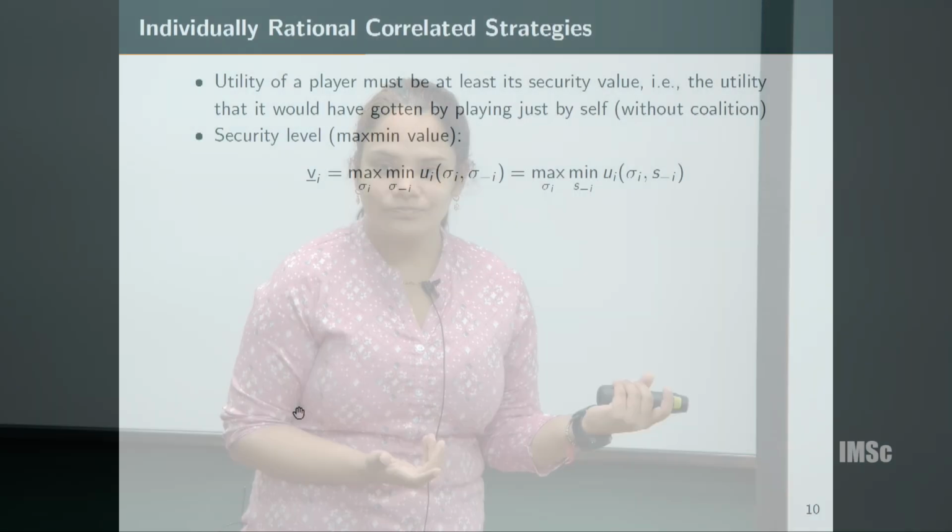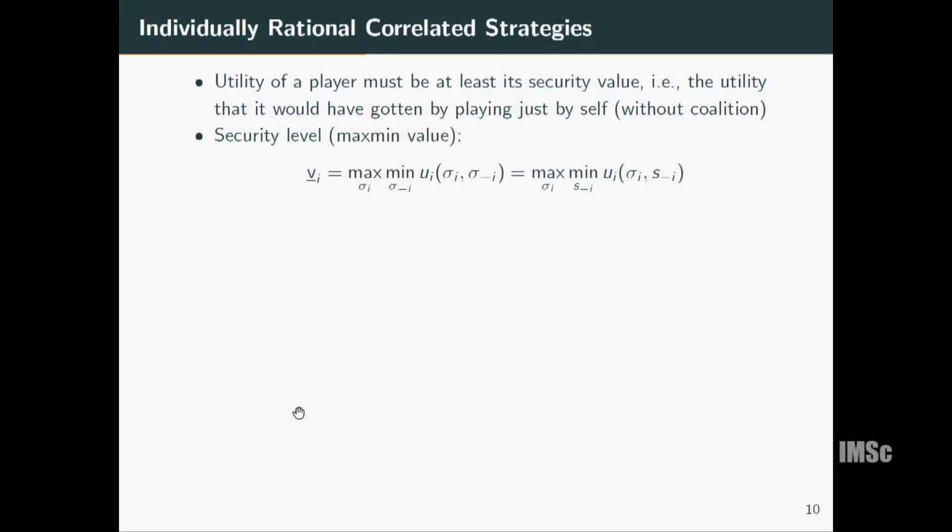Max min value. Okay, so I know that if I would play individually, I can at least derive my max min value. We know what the max min value is, right? So when I play individually, I know that I can derive the max min value. So whatever correlated strategy I am asked to play, I should at least get this much, right?